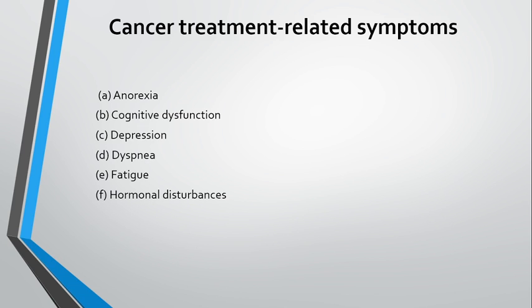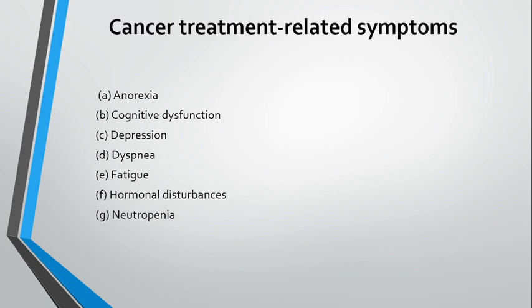Depending on the type of treatment, they will have hormonal imbalances, sometimes hormonal disturbances. Neutropenia, that is low white blood cell neutrophil count. Neutrophils are protective against bacterial infections, so when the WBC count, especially the neutrophil count, reduces, it predisposes to infections.